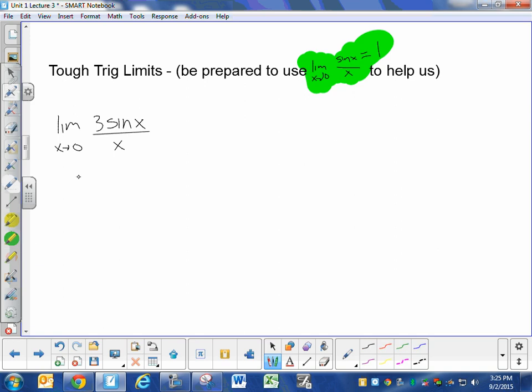And to confirm that answer, watch what I can do. I can rewrite this as 3 times sine x over x. And since it's a product, I can split it up into the limits of two things. Limit as x approaches 0 of 3 times the limit as x approaches 0 of sine x over x.